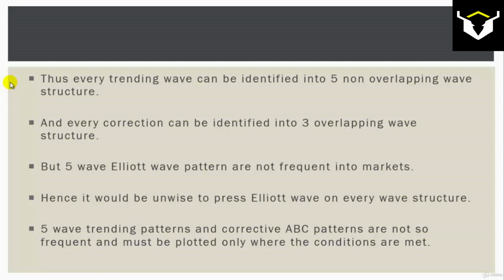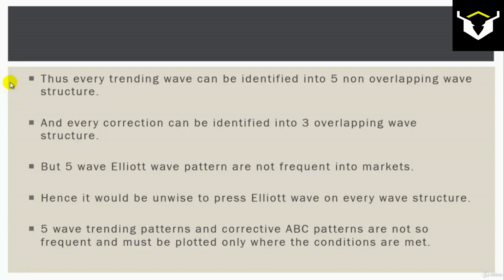But 5-wave Elliott wave patterns are not frequent in markets. Hence, it would be unwise to press Elliott wave on every wave structure. I've said to you, the market is always in one or other form of Elliott wave structure, but it is not easy to plot those wave structures clearly.